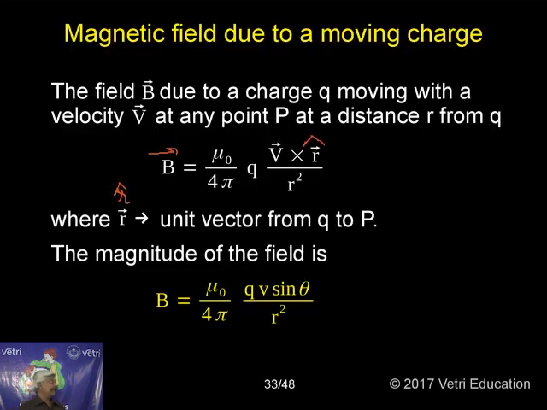So you have to keep in mind what the magnetic field due to a moving charge is. To calculate it, how can you find out? We can directly substitute with the formula B equals mu naught by 4 pi QV sin theta by R squared. Don't forget this formula.